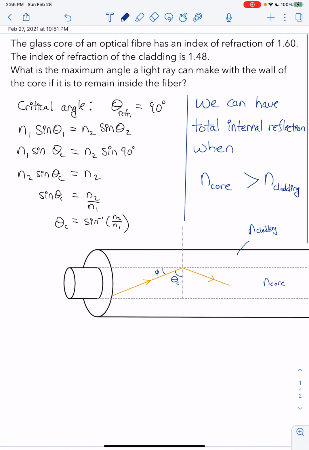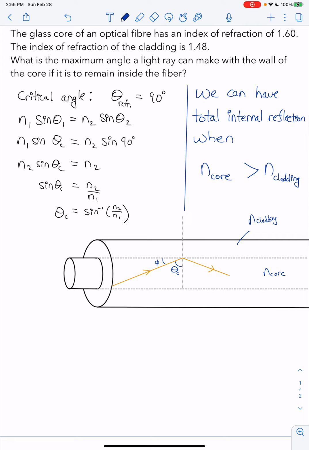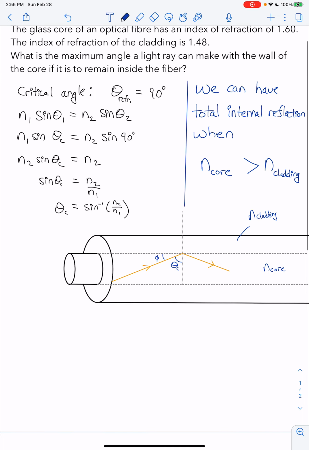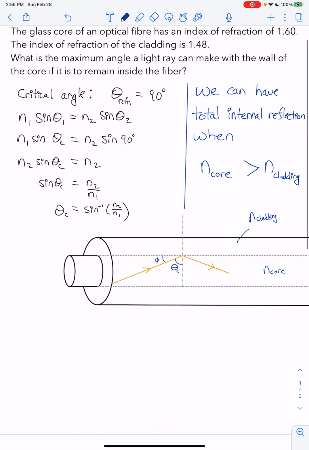And so we know from the question that the index of the core is 1.6, so it's a denser medium. So this only works when you are containing the light ray within the denser medium. Okay, so what's the maximum angle here?